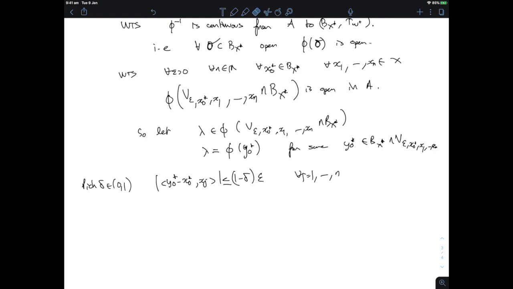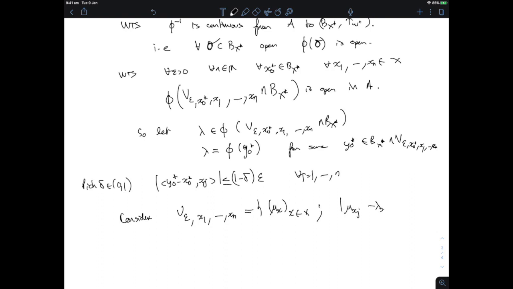Now, given that delta, I'm going to define a neighborhood of lambda in A in the following way. I'm going to consider u epsilon x1 till xn to be the set of all those mu x, x in x that are close enough to lambda x.